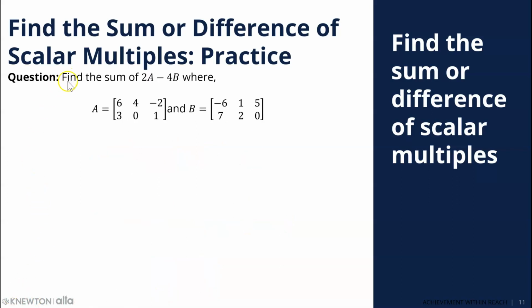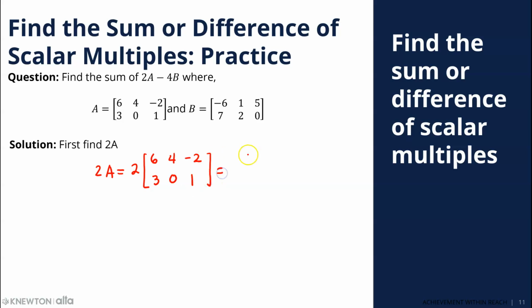Next example. Find the sum of 2A minus 4B, where A is given by this matrix and B is given by this matrix. We will solve this by computing 2A first. And 2A is equal to 2 times the matrix A, 6, 4, negative 2, 3, 0, 1.